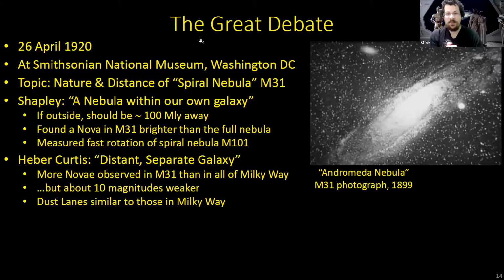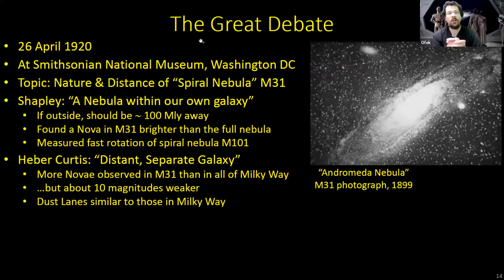But then the question was, okay, if we are not at the center of the galaxy, what does the galaxy look like, and what is there beyond the galaxy? Is there something beyond the galaxy, or is everything else just new things in our galaxy that we are yet to see and understand? And this prompted what is today called the Great Debate in astronomy and astrophysics.